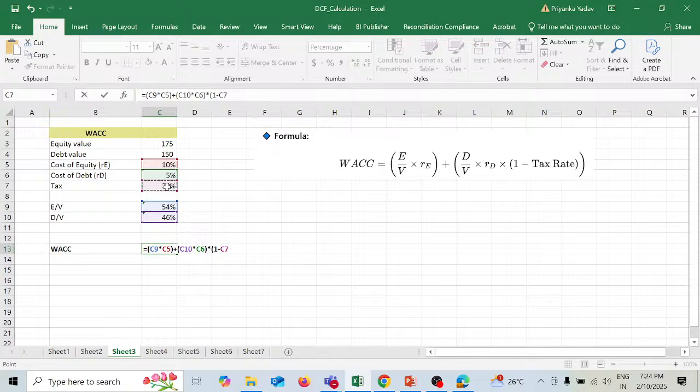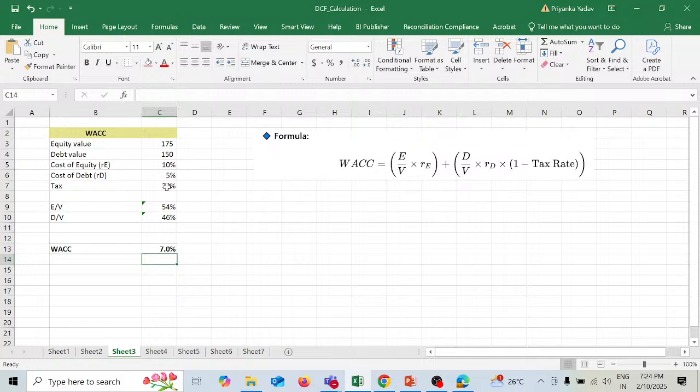This way I'm getting the weighted average cost of capital as 7%. So I hope this formula is clear to you. This is very simple. There are certain assumptions provided. You just have to calculate E by V and D by V and then multiply them with the cost of equity and cost of debt.